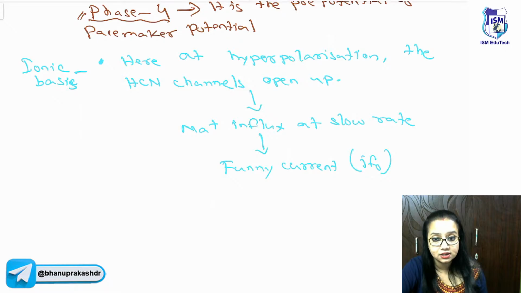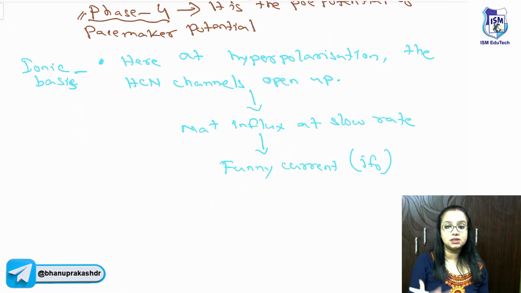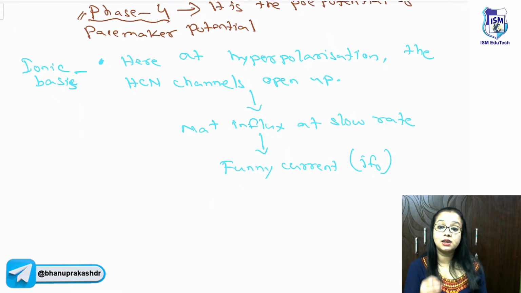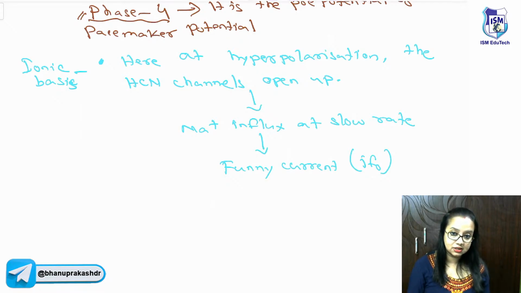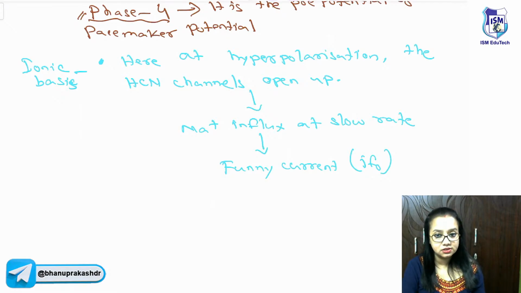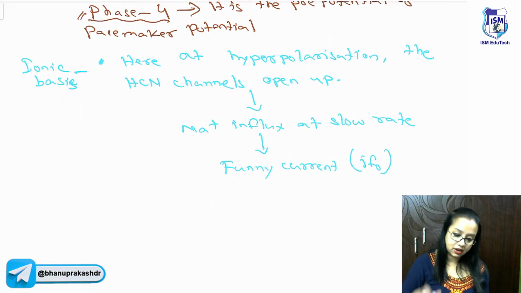It is called funny current because it is very funny that it is generated only when the cell is in hyperpolarized condition, which is not the normal event. That's why it is called funny current, and those sodium channels are also called the funny current channels. Okay, this is one factor.